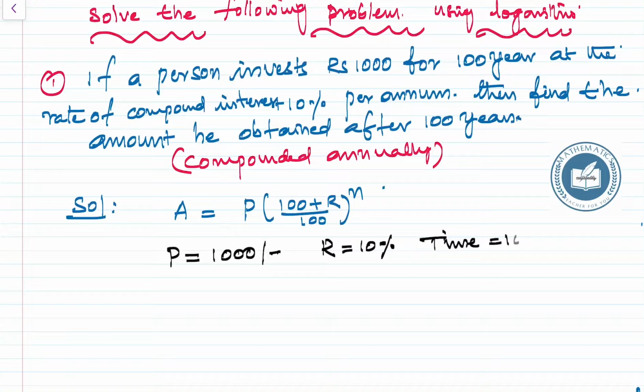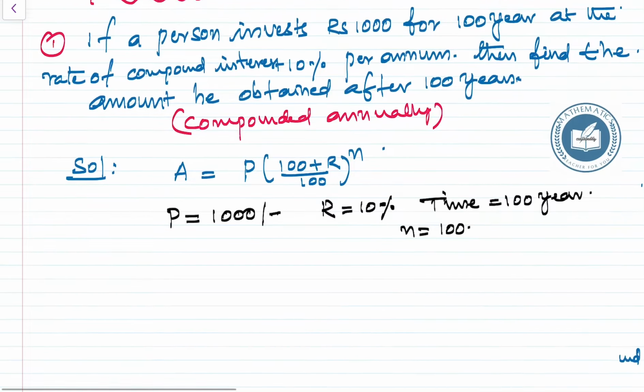The interest is calculated annually, once per year, so in 100 years 100 times we can calculate, so that's why N value becomes 100.